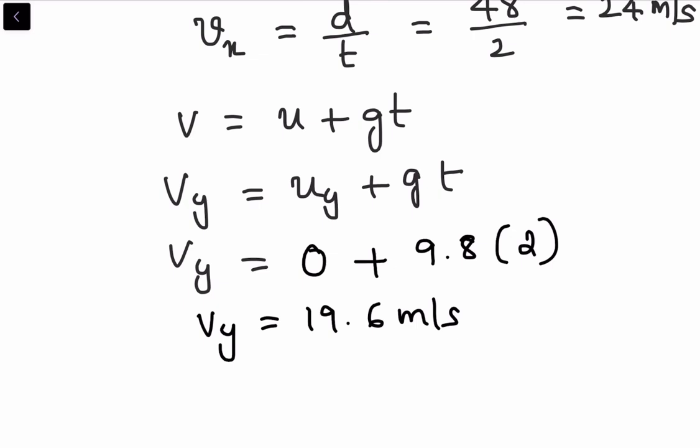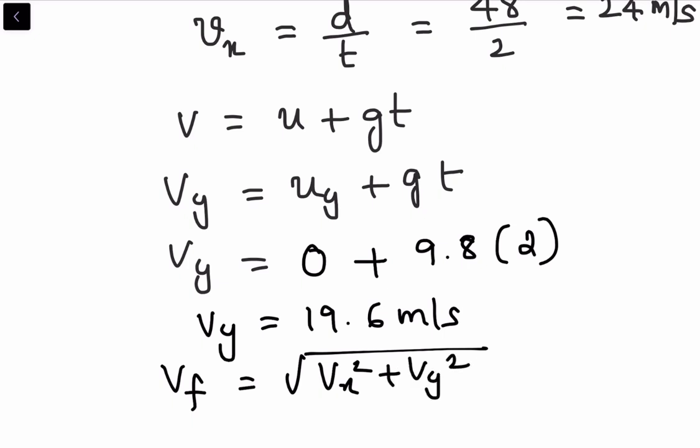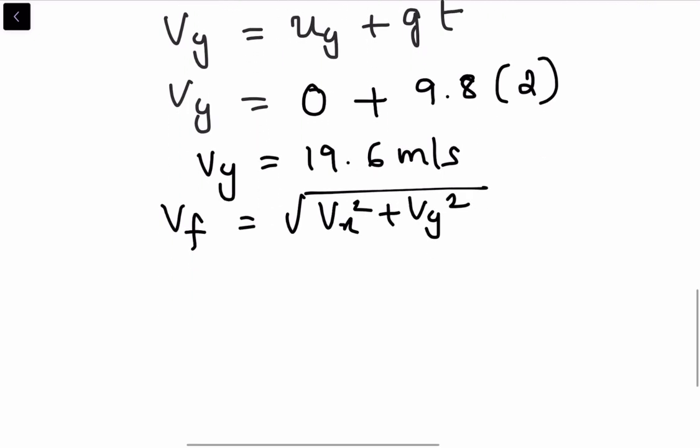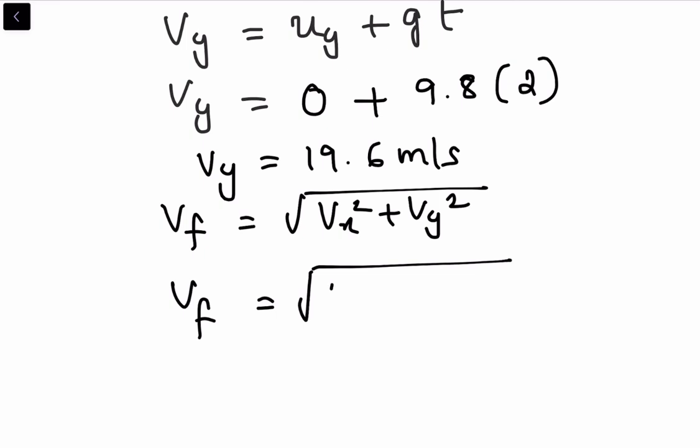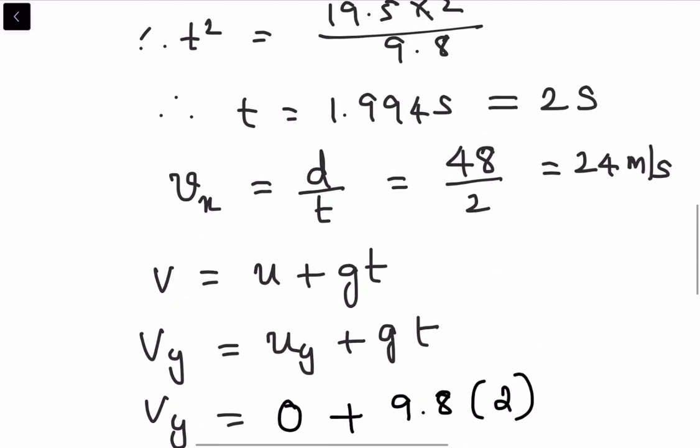Therefore, we want to know the final velocity with which the car lands on the other side. That is, v final is equal to under root Vx square plus Vy square.